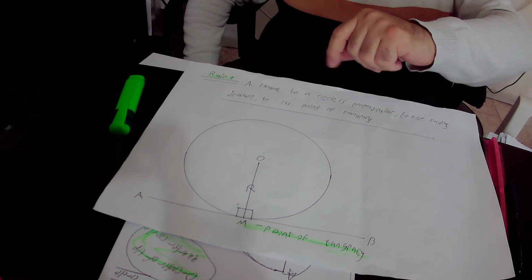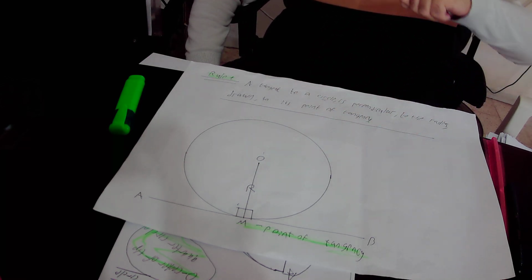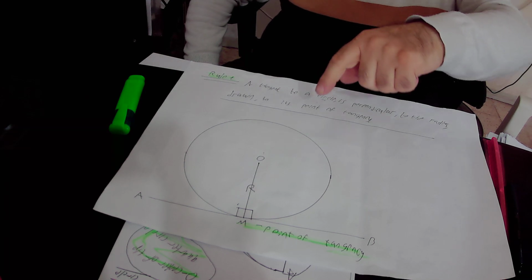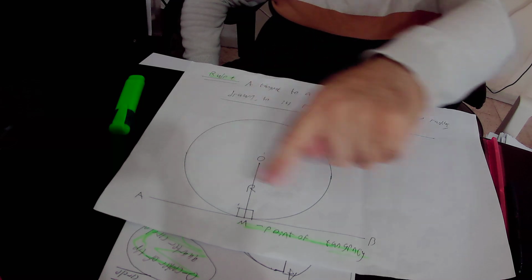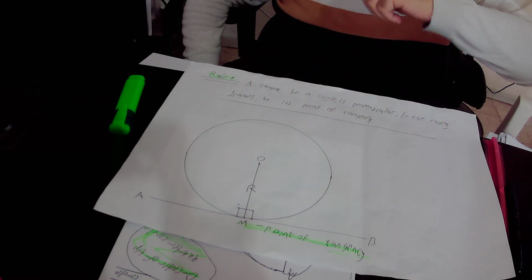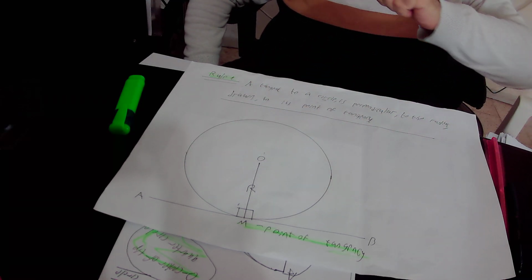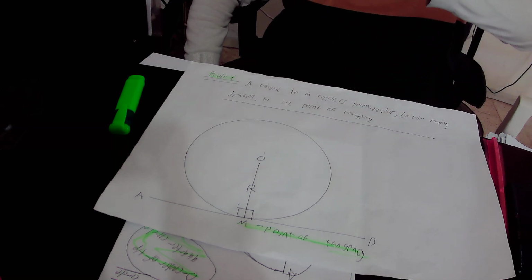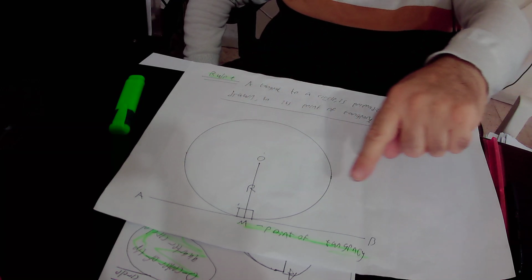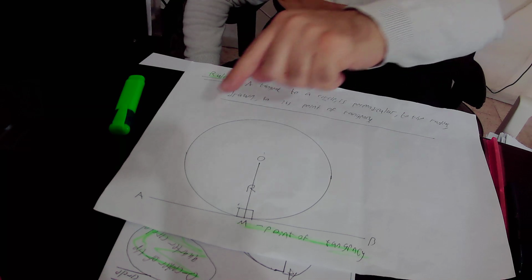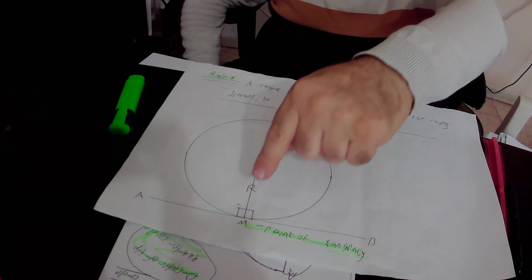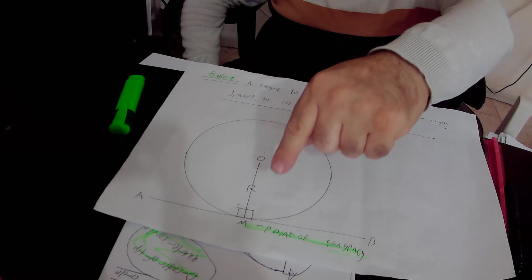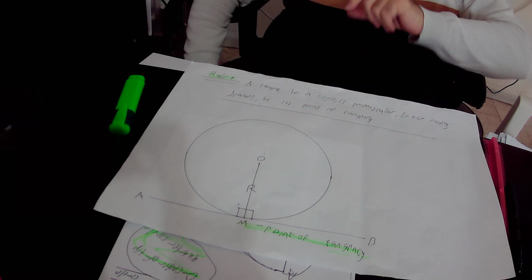And we have the radius OM that is drawn to the point of tangency. And whenever you have a radius that is drawn to the point of tangency, then tangent AB will be perpendicular to the radius MO. So if AB is perpendicular to MO, it means that this angle equals 90 degrees and this angle also equals 90 degrees according to rule number 1.